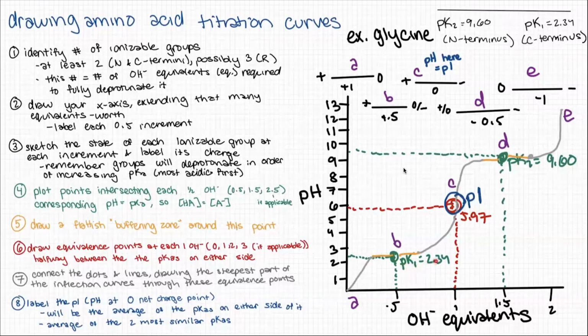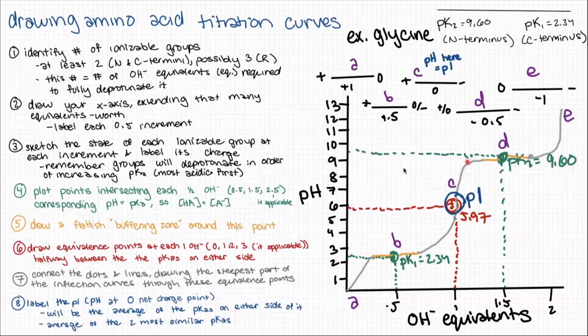In this case, our pK1, so for our carboxylic acid in the backbone, is typically going to be somewhere around 2. And at that point, you're going to have half of it in the protonated state and half of it in the deprotonated state. As you deplete that protonated state, you're reaching your inflection point. You start shooting up in your pH.